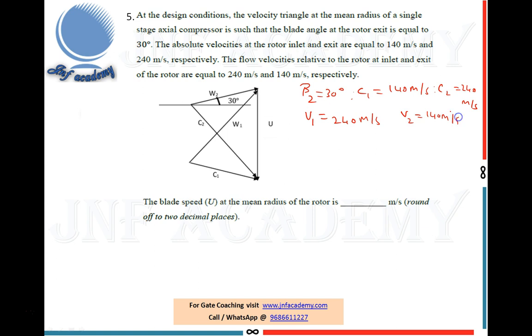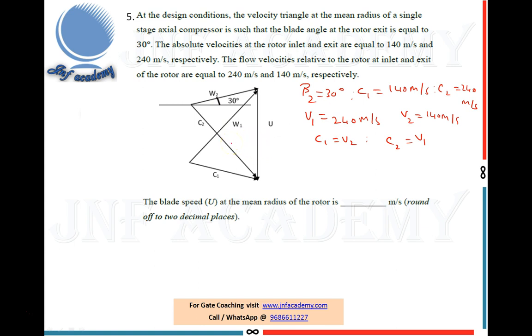If you see here, C1 is equal to V2 and C2 is equal to V1, which means it's a symmetrical velocity triangle. Both velocity triangles are the same.